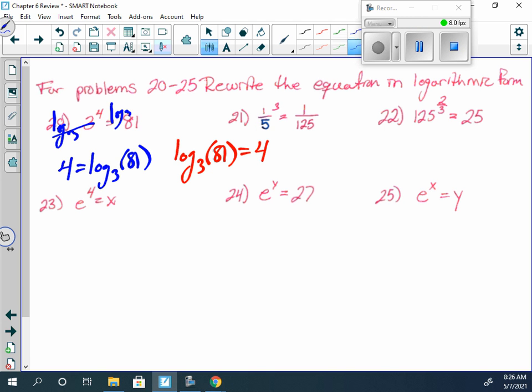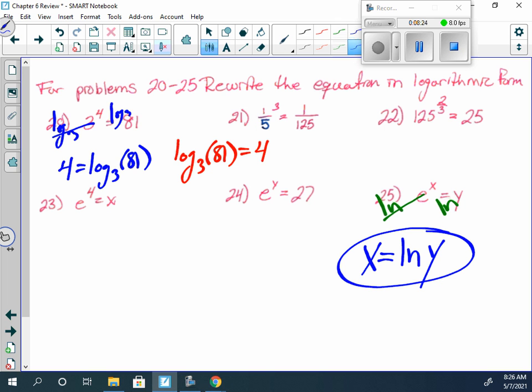23, 24, 25, which one of those do we want to look at? 25. So with this one here, really, we can apply ln, because ln of e to the x would be x is equal to ln of y. So we can apply natural log to both sides, and really, it ends up rewriting it as a logarithmic.